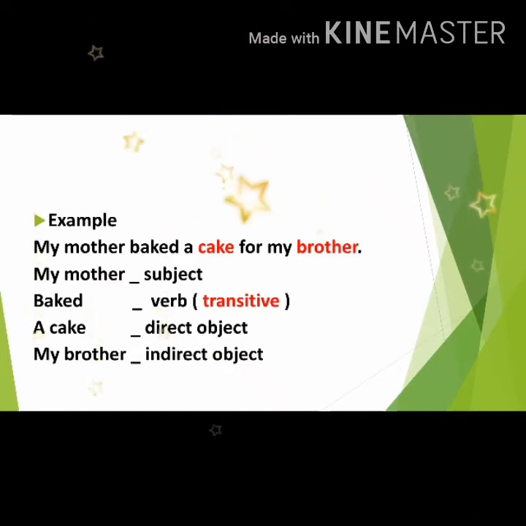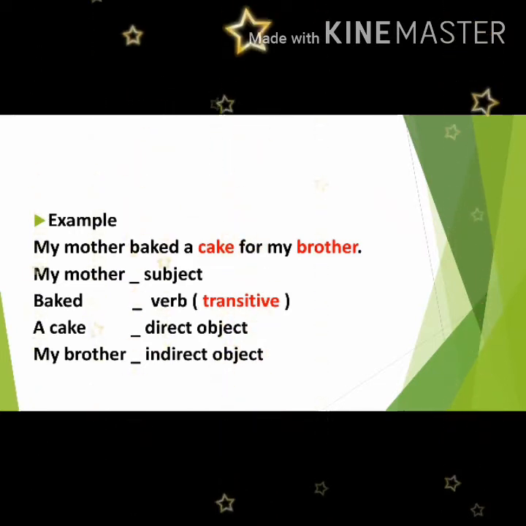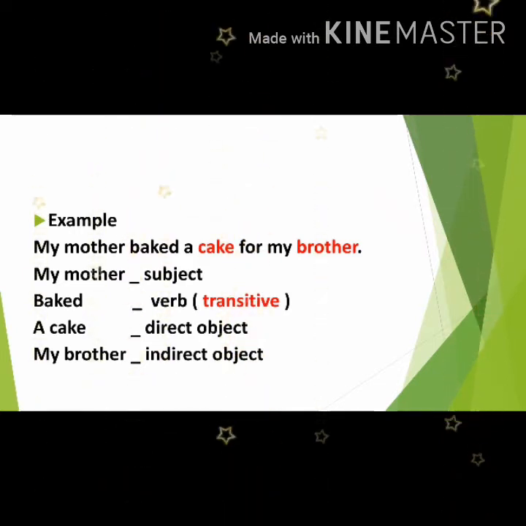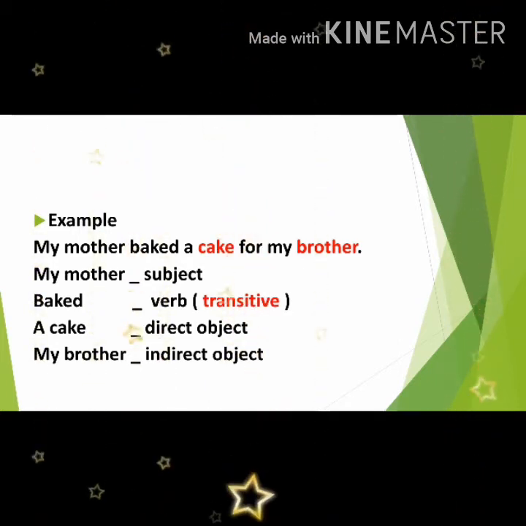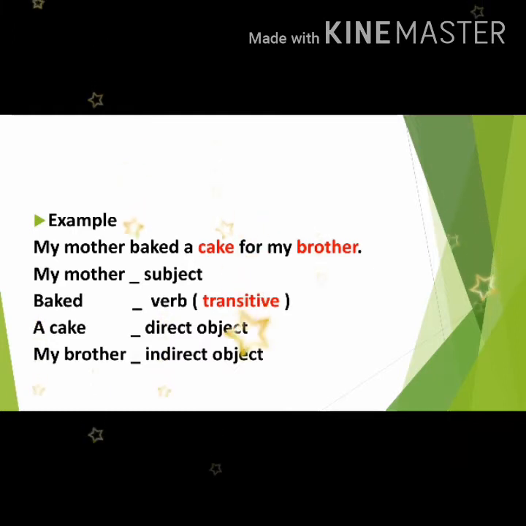And to find the indirect object of the verb, ask the question, my mother baked a cake for whom? We get the answer as my brother. Hence, my brother is the indirect object of the verb baked. Since the verb baked has an object, it is a transitive verb.